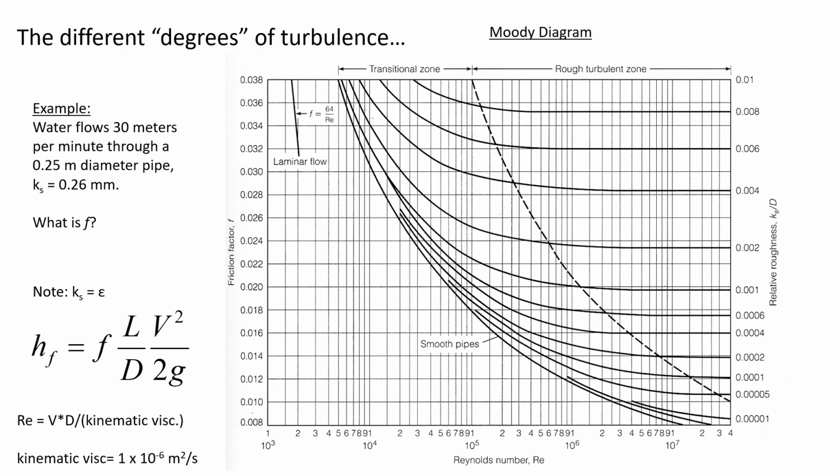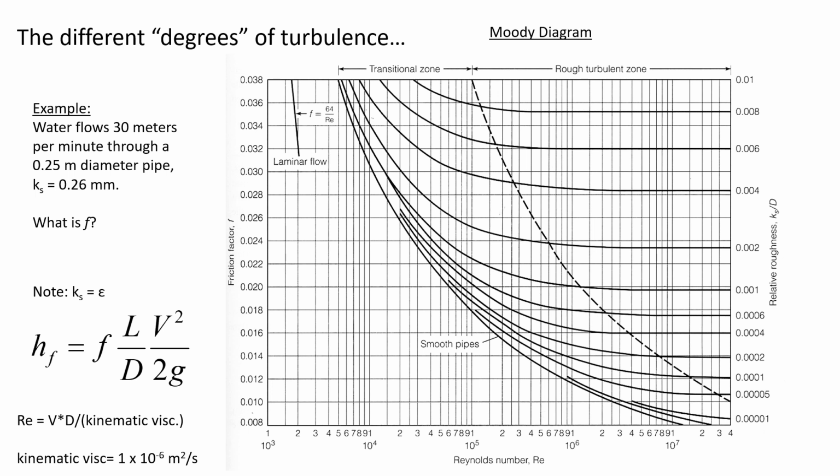No units, because it's meters squared per second in the numerator and meters squared per second in the denominator. So we're definitely turbulent. This isn't laminar flow. But what we've defined here is where we are on the figure according to the horizontal axis: 1.25 times 10 to the 5th.